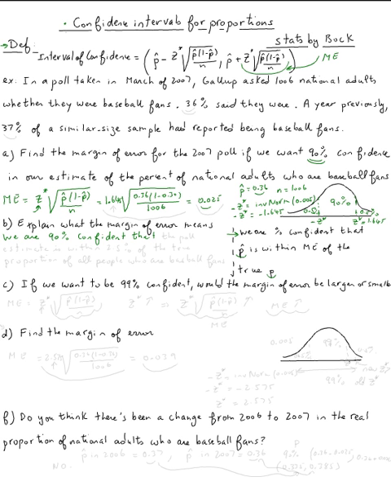So in our case, what is p hat? It is the poll estimate. The poll estimate is within 0.025, which is just 2.5%, of the true population proportion.